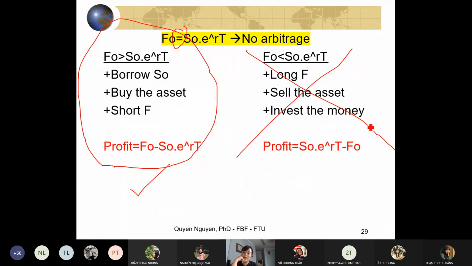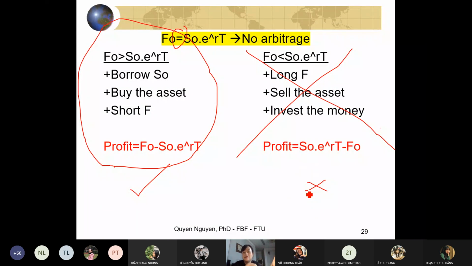Any more reasons that you can think of? I think that for the consumption assets, the purpose is to consume. So I think they can sell the assets right now because they need to consume, and buy the forward. If they need to consume, they can sell the asset at the moment and then exercise the forward or future contract in the future and still own the asset to consume.